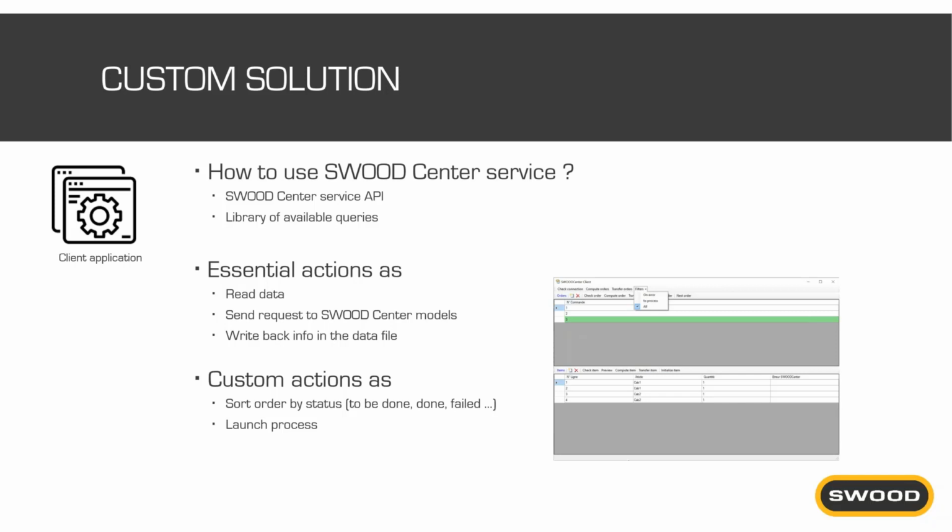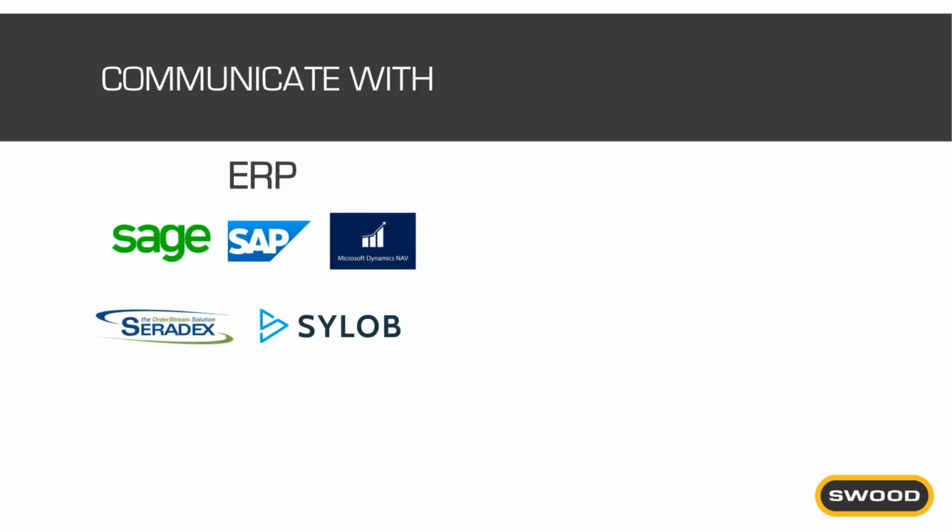So let's see now with what kind of application we can communicate. First of all, of course, we can communicate with different types of ERP systems. That means we are able to link directly in a database, like we have seen in the first schema, all the information regarding the different orders and parameters.